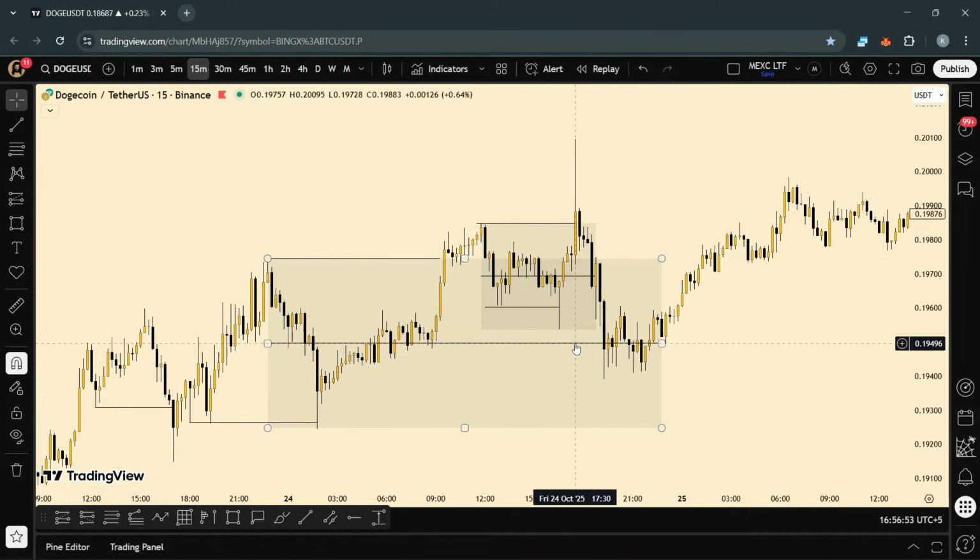If there is an unmitigated glitch just below this glitch, do not take this one. That's the first thing. If there's an unmitigated glitch just below your glitch, take that glitch, not this one.